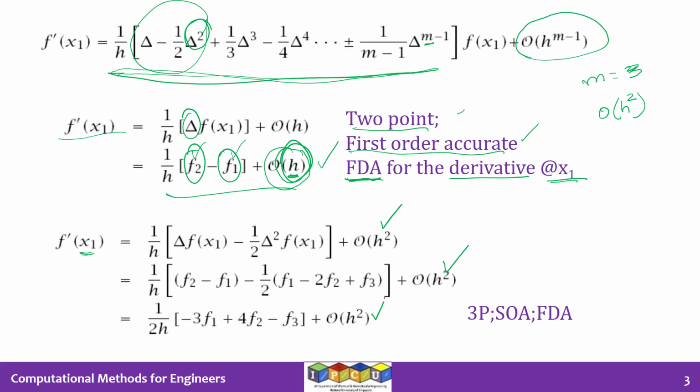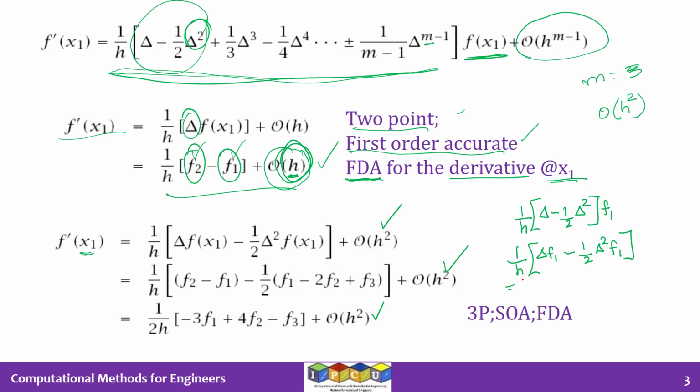Now in the square brackets, it's going to be 1 by h delta minus half delta squared f of x1. f of x1 is nothing but f1. So it's going to be 1 by h, delta of f1 minus half of delta squared of f1.